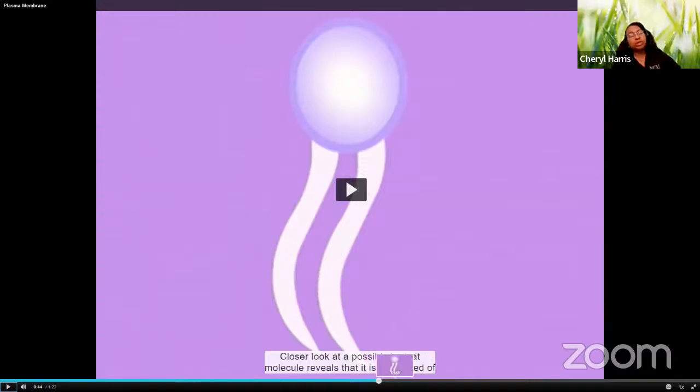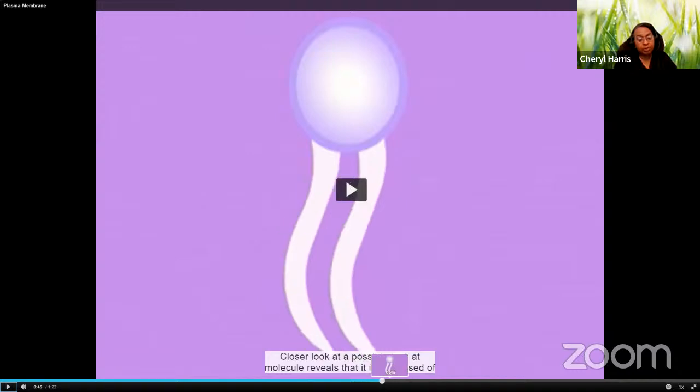As we looked at when we were talking about bilipid layers before, and we're going to look at this a little closer in a minute, one end of it is attracted to the water, so that's going to let water in. There's a head and a tail part to it, and the tail is the end that repels water.